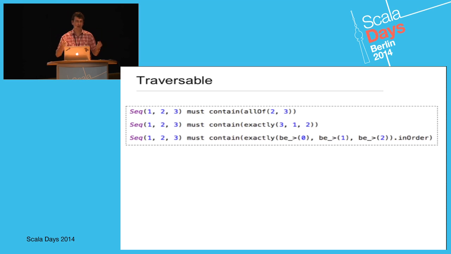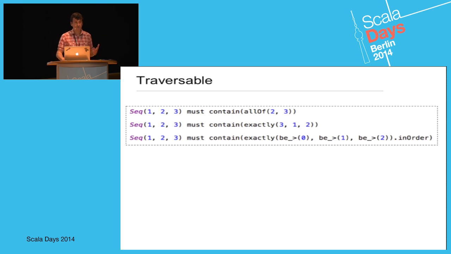Like if you say my collection must contain the elements 2 and 3, that's not a property of individual elements in the collection, that's a property of the collection as a whole. So in that case, you can say something like that. It contains all of 3, or it contains exactly 3, 1, 2, but we don't really care by default about the order. And if you care about the order, you can say something like, oh, it contains something that's greater than 0, something that's greater than 1, greater than 2, and it must be in order. Otherwise, it's going to fail.